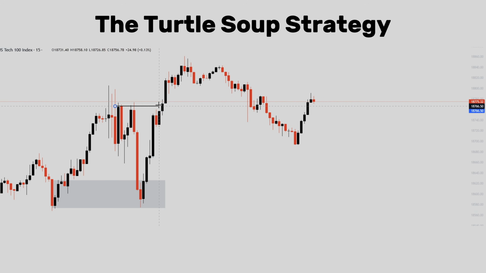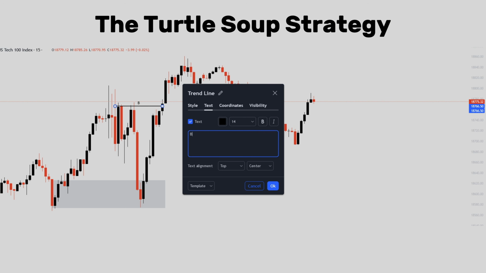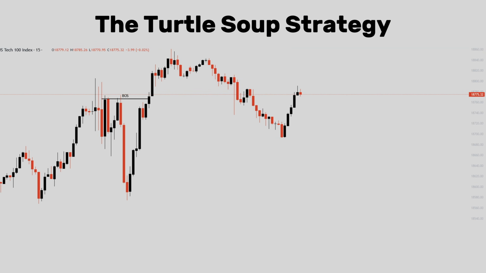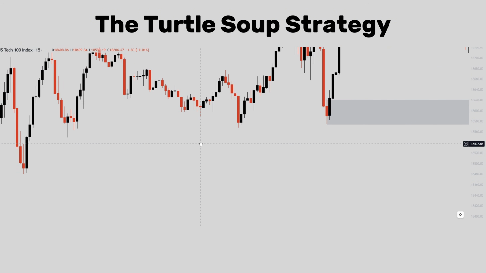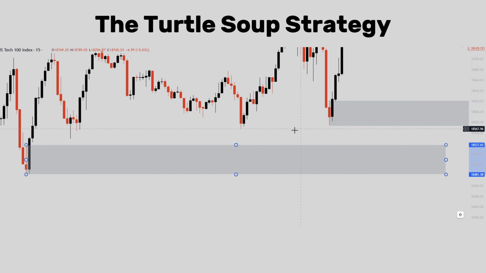The price broke the last swing highs, creating a bullish break of structure, and that validates a new bullish order block created from the last lower high. And if we look in the past, there is even a more external order block, so this would actually be the main one.